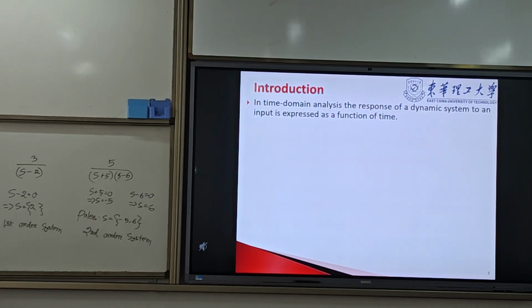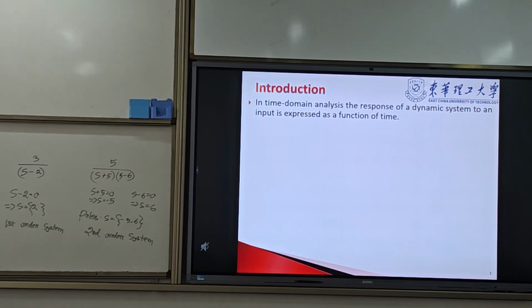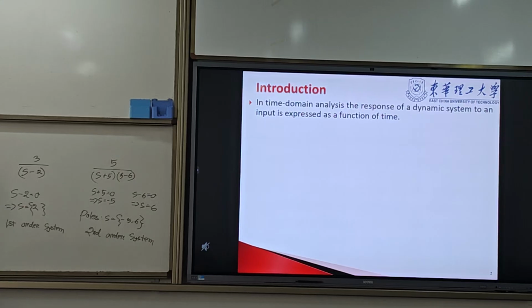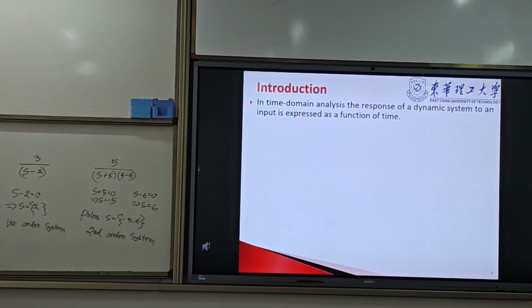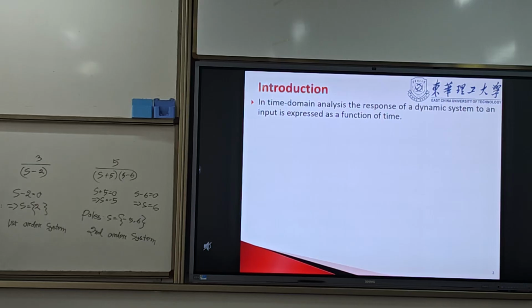If an input is given in terms of time and it is sent through a system, the system can be anything. Suppose inside there is differentiation, integration, anything. It goes through the system, the system performs different types of operation, and there is an output y.